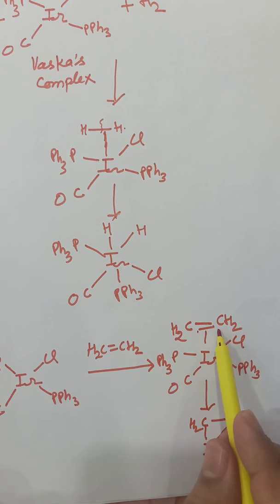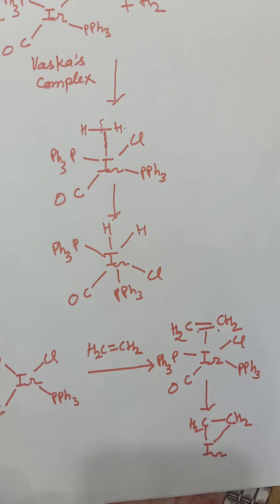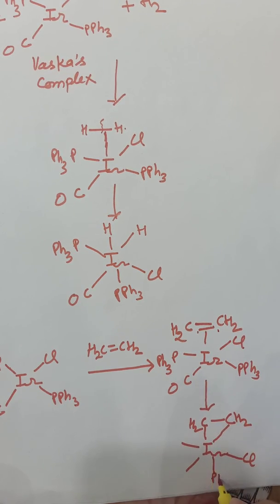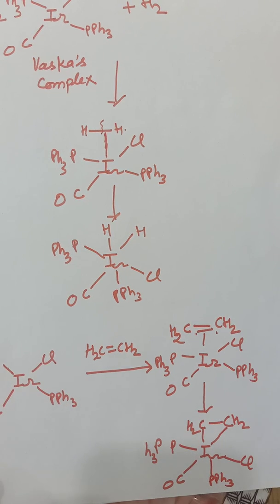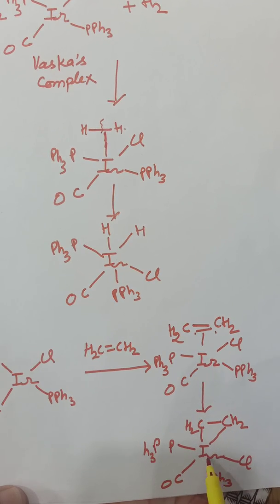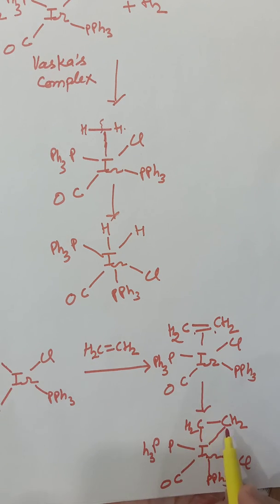One bond of the alkene breaks and one remains intact between the carbons. So with Cl, PPh3, CO, PPh3, you will get a metallocyclic compound. There is a formation of a cyclic ring between iridium and this ethene molecule. And if you take an alkyne, then there will be a double bond.